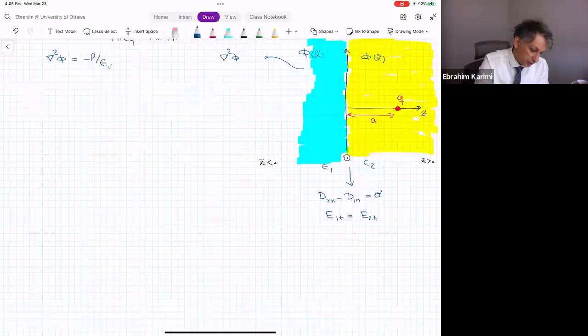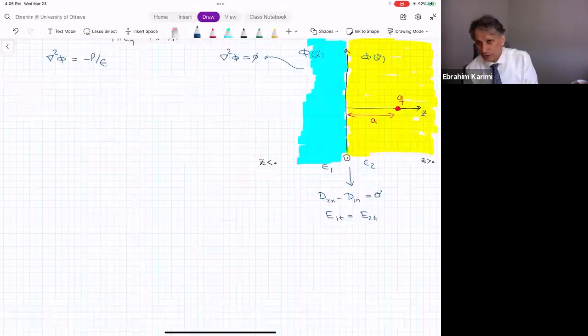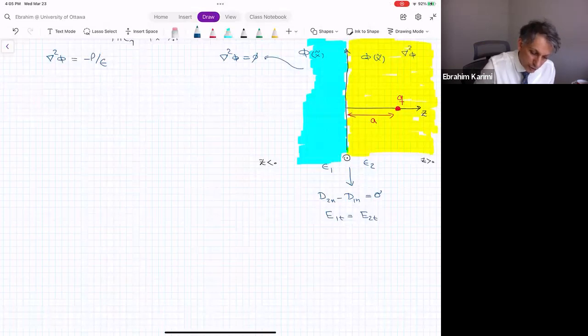Or let's write it epsilon in general, without epsilon 0. And on z lower than 0, there is no charge, so I'm expecting the Laplacian of phi to be 0, while on the other side, Laplacian of phi should be equal to minus rho divided by epsilon 2.